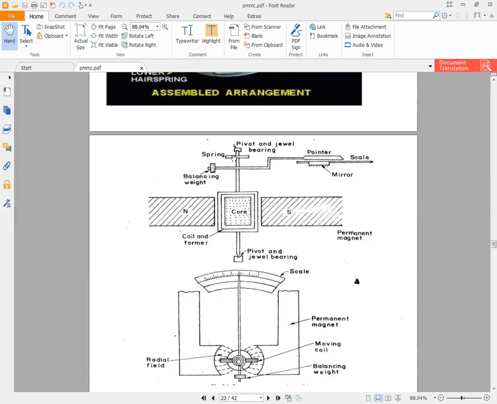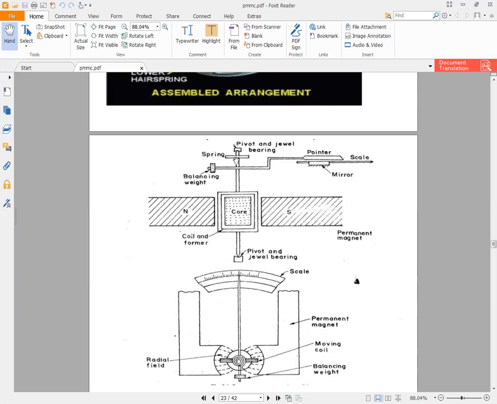Next, the springs are used. Here we are using the springs. The springs are placed on both sides, upper side and lower side. Next, for balancing purposes, we are using the balancing weight. Similar to the balancing weight, we can also use the controlling torque.